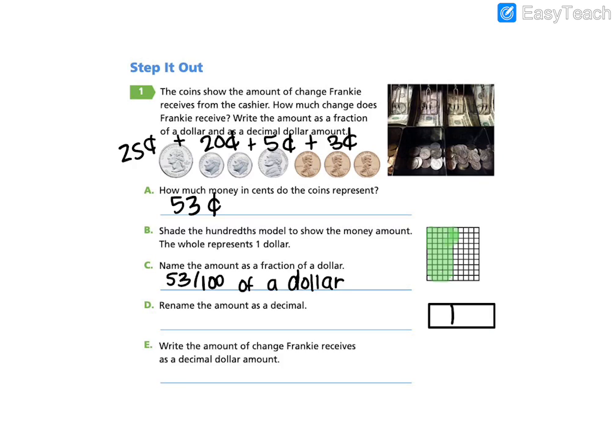Okay, sitting in my place value chart: 0 ones, 5 tenths, and 3 hundredths. Now, for this to be in decimal dollar amount, we need to include our dollar sign. So $0.53.